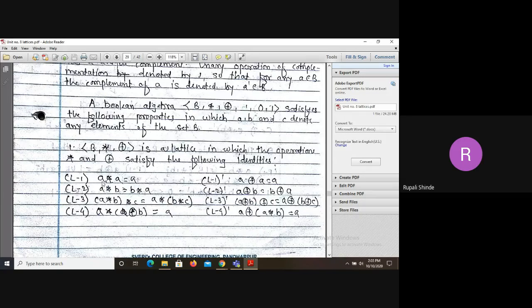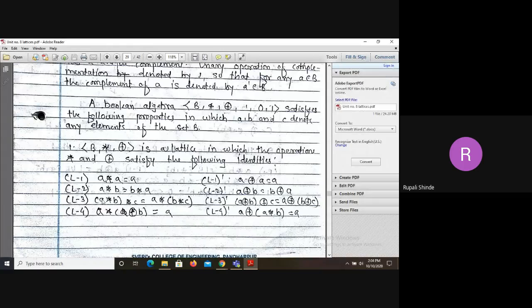So first property, idempotent: A star A equals A, and A XOR A equals A. Now second property, the commutative property: A star B equals B star A, and A XOR B equals B XOR A.